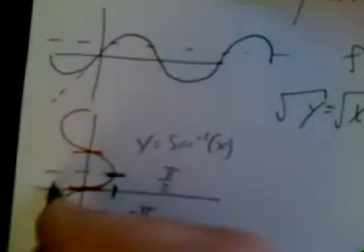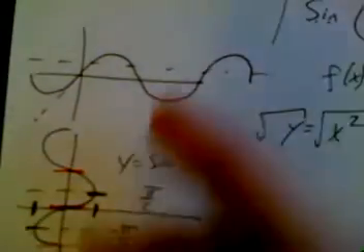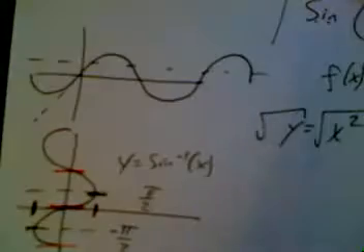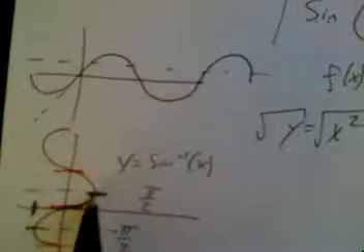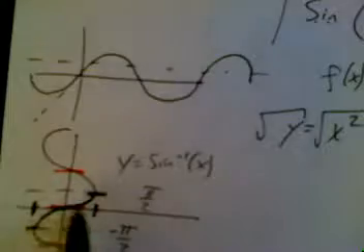Because the values for x in this inverse function are from here to here. And that used to be the values in y up here. What were those values? Negative 1 to 1. And the y values that I can get back are between negative pi over 2 and pi over 2. I go up to pi over 2, and I can go down to negative pi over 2.